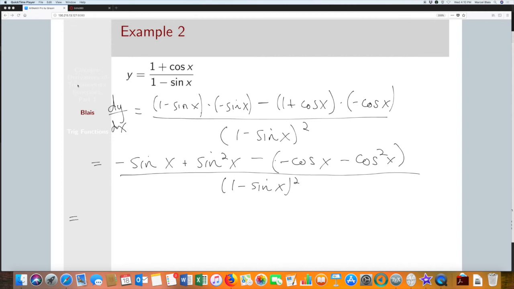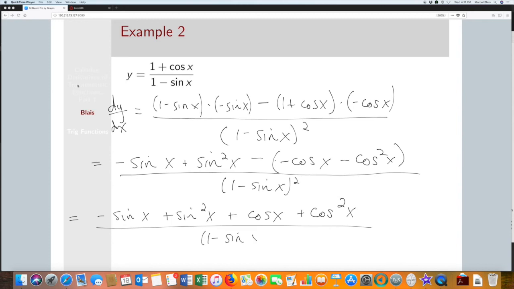Let's see. Simplifying further, it doesn't simplify much. We just have minus sine of x plus sine squared x minus a minus cosine, so plus cosine x, and then minus a minus, or plus cosine squared x, all over our quantity 1 minus sine of x squared.